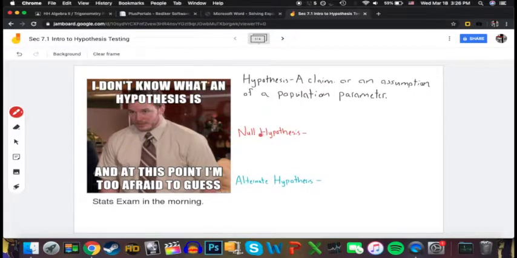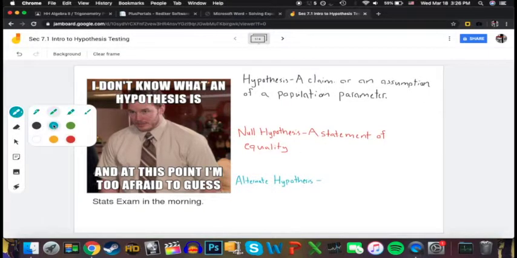The first is what's known as a null hypothesis. And all it is, is just a statement of equality. So saying something like the mean of basketball scores in a game is equal to 10 or is equal to 75. So it has a strict equality statement behind it.